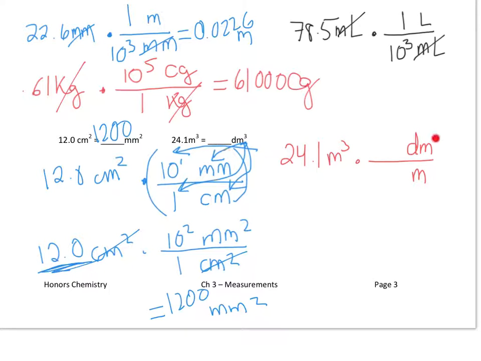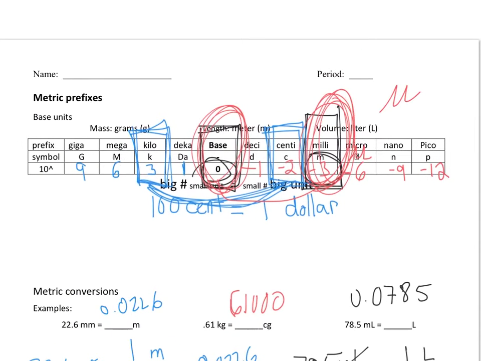I know the relationship between a decimeter and a meter though. So meter versus a decimeter, meter is bigger, so that gets the 1. Decimeter is smaller, so that gets 10 to some power. To figure out that power, go back to your table. We have base unit, which is meter, and then we have a deci.